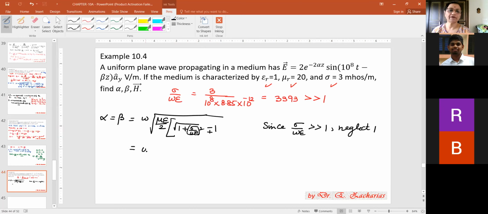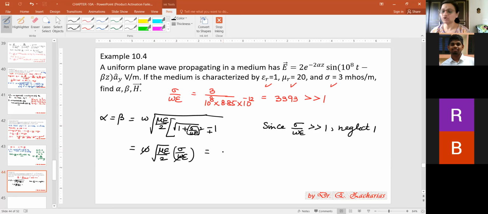When you neglect 1, you get omega times under root of mu epsilon by 2, and then under root of the square, so this sigma by omega epsilon will come out. This omega and this omega will go, so you will ultimately get the expression.